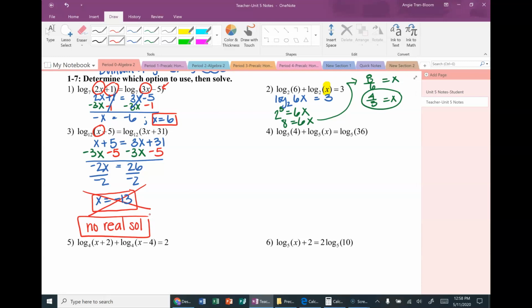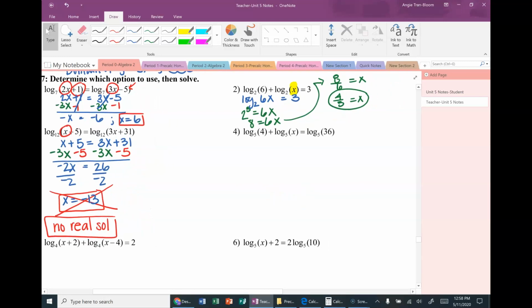Number 4, you have a log on each and every term, but you may not drop them. You may only drop them if there's one log on the right and one log on the left. On the left side, it looks like you have 2 logs and it's an addition. So what you might want to do is condense it.